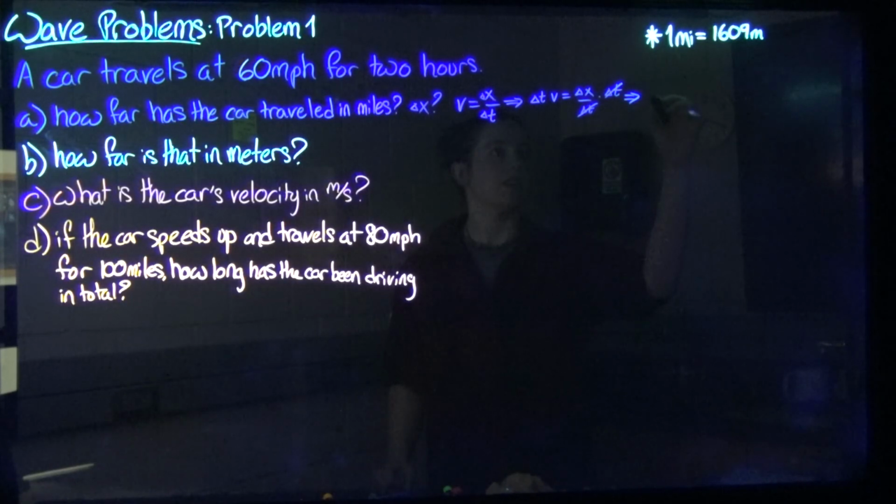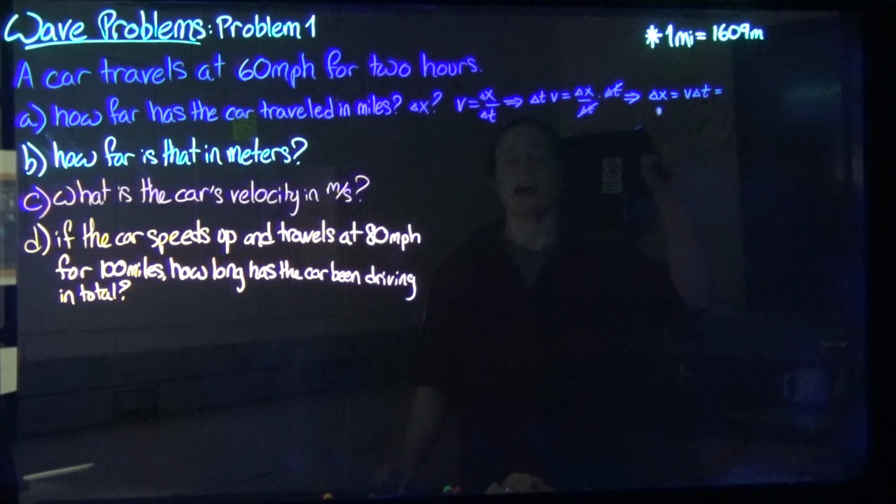So we will get delta x is equal to v delta t. So our change in x is our velocity multiplied by our time.